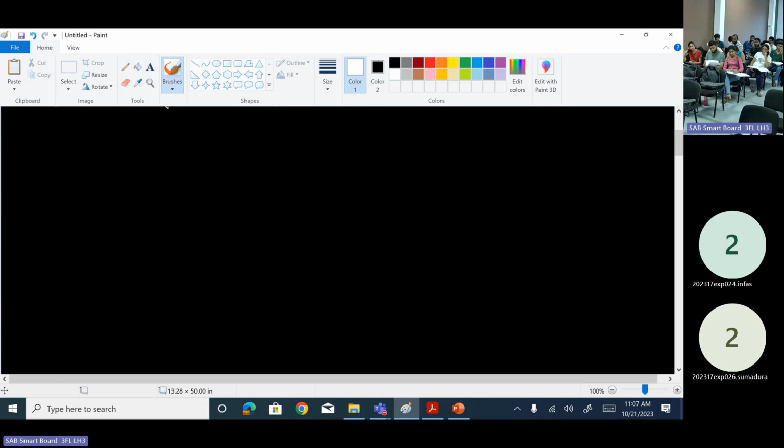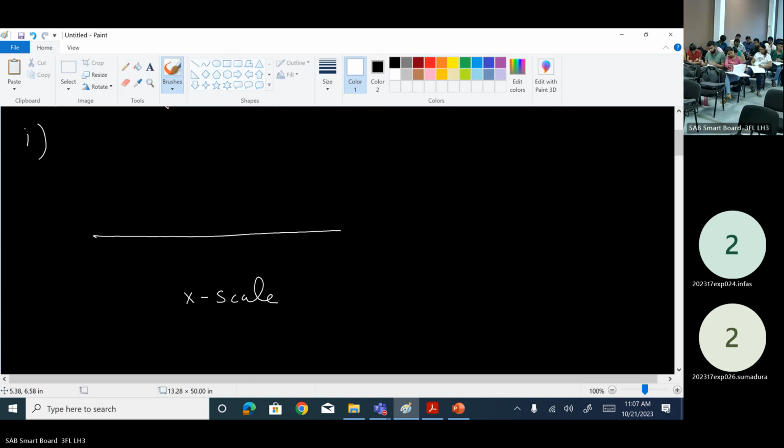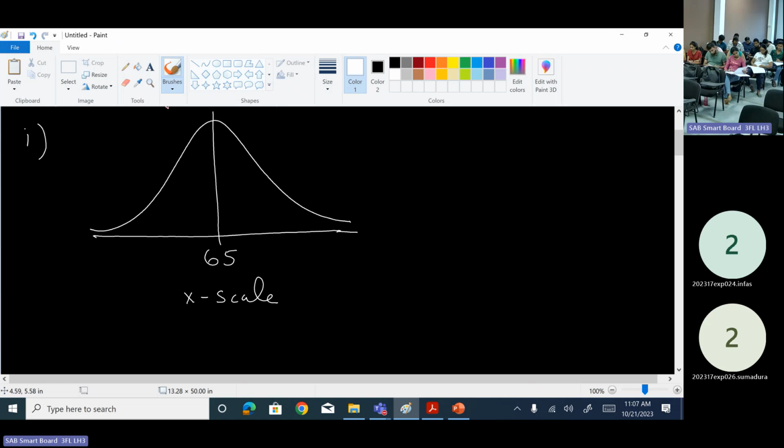So we'll draw the X scale structure, with 65 as the mean of the X variable.